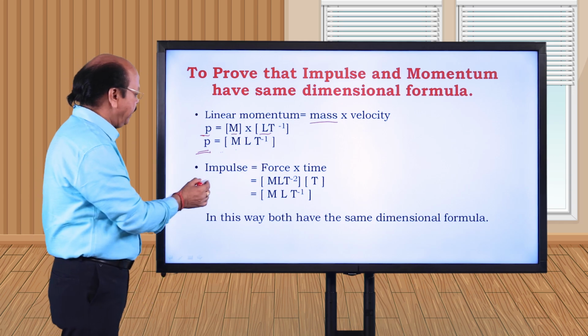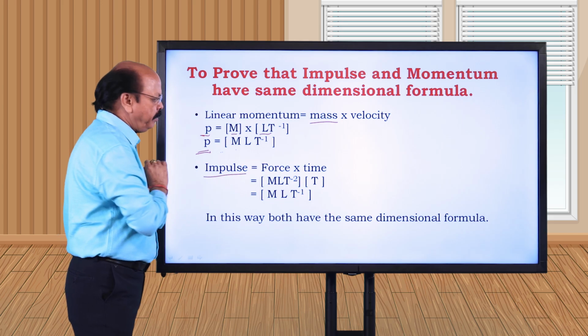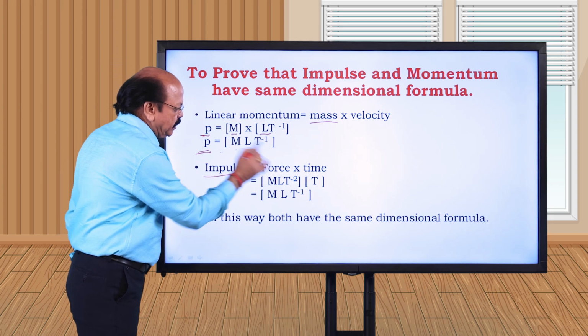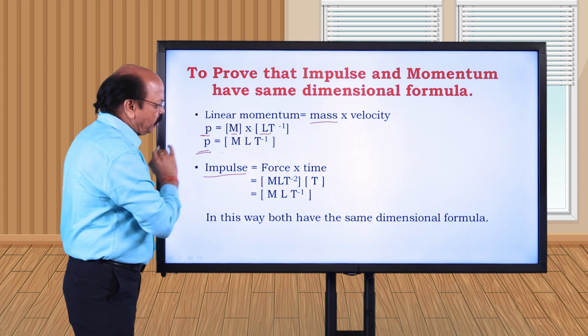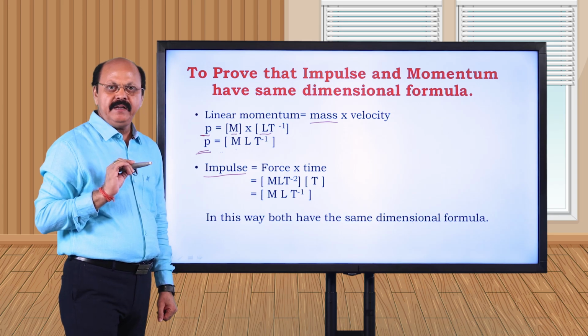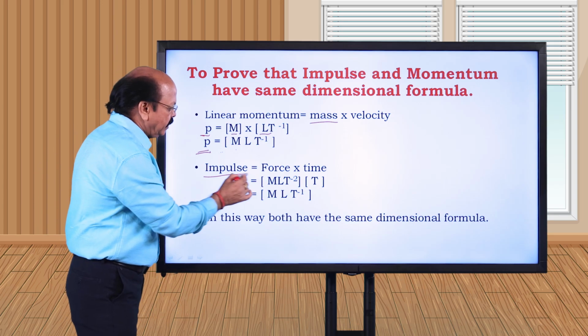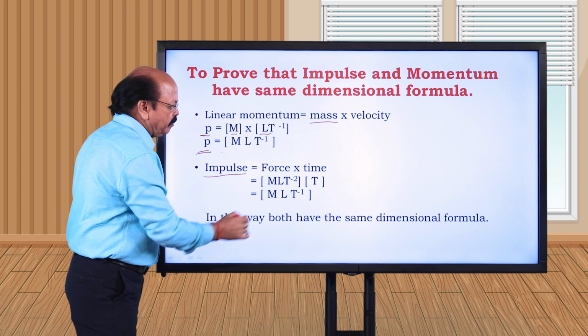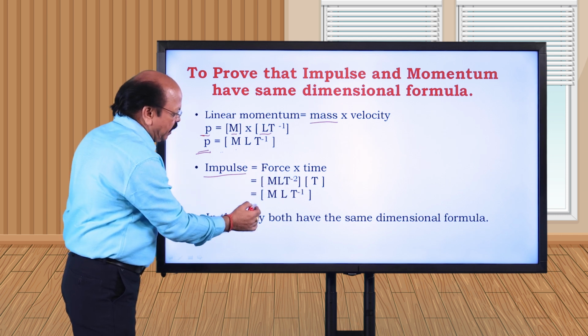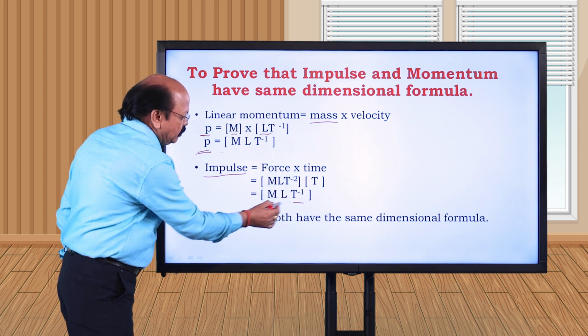Similarly, we can find the dimensional formula for impulse, that is force into time. The dimensional formula of force that we have already found in earlier slides is [MLT^-2] and time is T, so it becomes [MLT^-1].